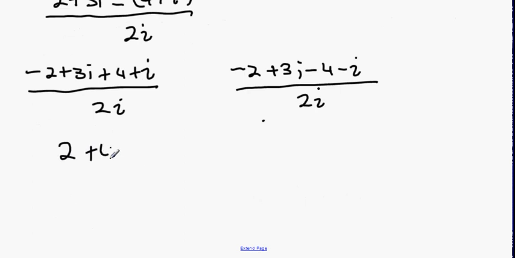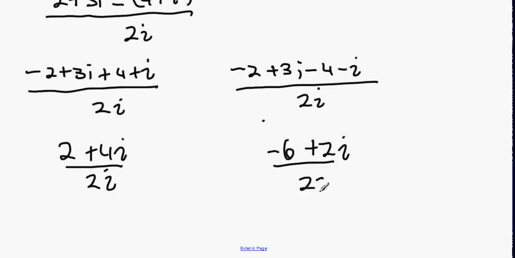What we get here is 2 plus 4i all over 2i, and this one is going to be, 3i minus i is plus 2i, so minus 6 plus 2i all over 2i.